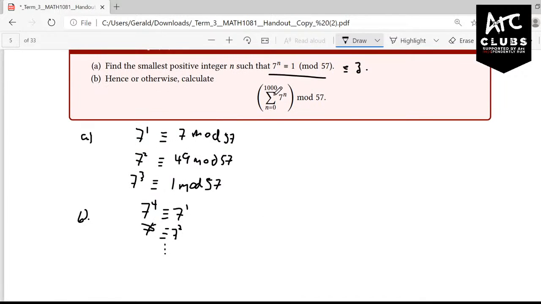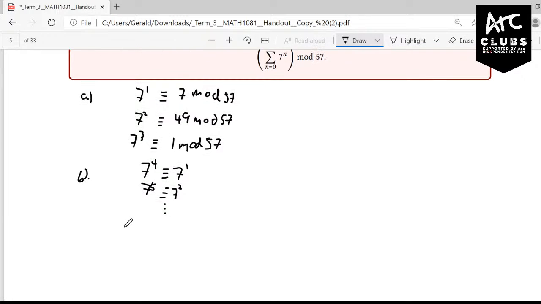So if we take the sum of 7 to the n up to 1,000, that's 7 to the power of 0 plus 7 plus 7 squared plus 7 to the power of 3.